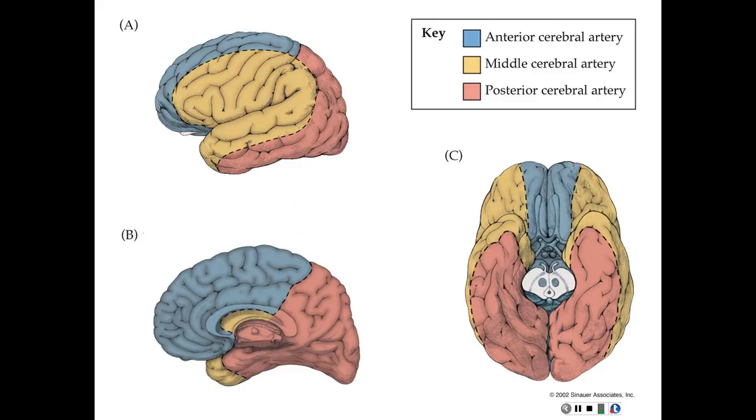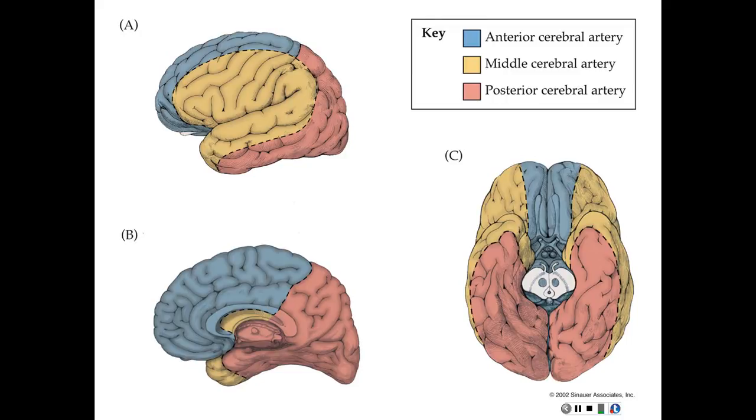And without a doubt, the one artery that provides the lion's share of vascular blood to the cerebral hemispheres is the middle cerebral artery. And look at its huge territory. And look at the important things that I've identified here in that middle cerebral territory.